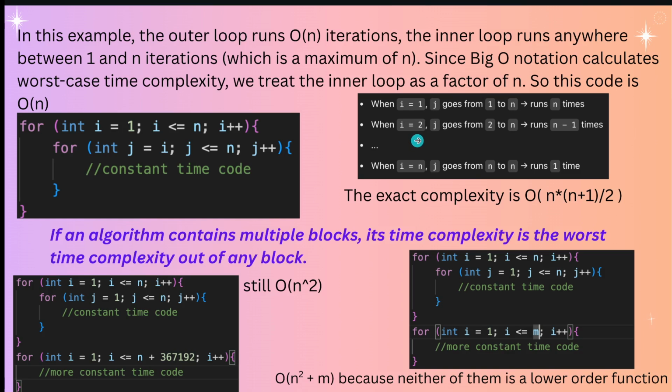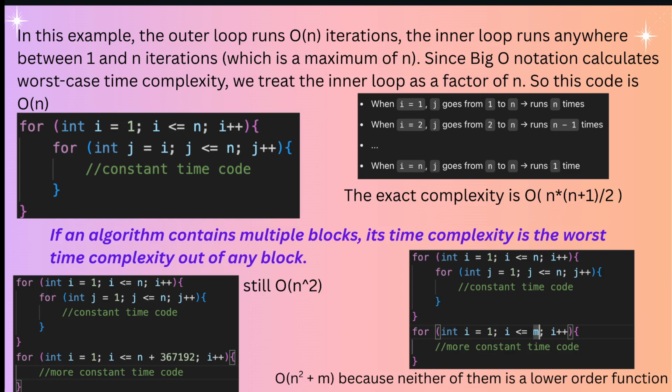When i starts at 2, j goes from 2 to n, so our code will run n minus 1 times, and so on. We add all this together, which is the sum from 1 to n, and we can easily calculate the time complexity. The exact one is n times (n plus 1) divided by 2.